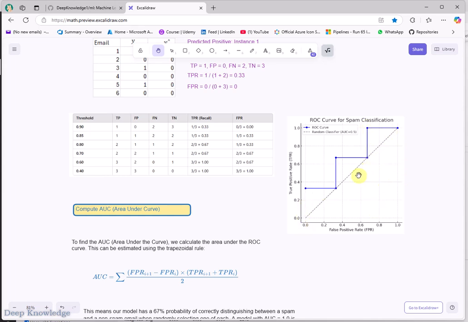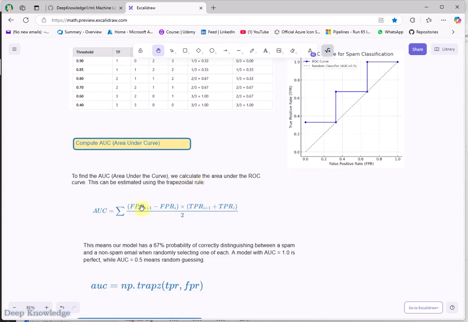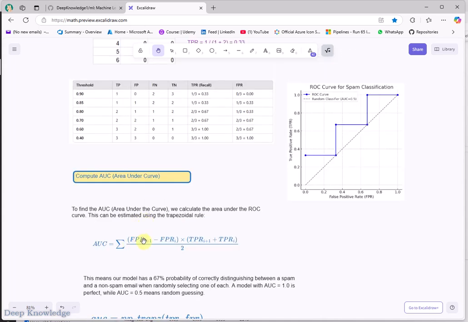And I need to calculate this area, called the area under the curve. How to calculate the area under the curve? It's using the function called, I can't pronounce it, the trapezoidal rule, sorry for this. It's the next false positive rate minus the previous one, multiplied by the next true positive rate minus the previous one.